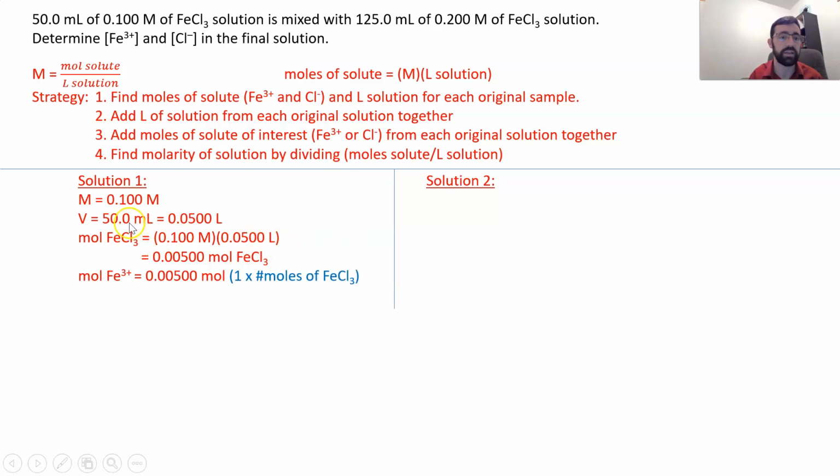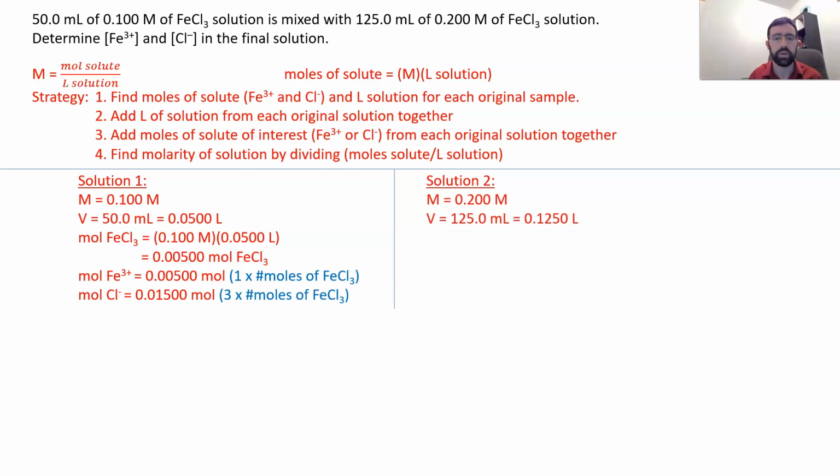If I wanted to find the moles of chloride ions next, I'm going to multiply this same number here, the moles of FeCl3, by 3 because of the subscript of 3. So that's what we did. 3 times 0.00500 gives you 0.01500 moles of Cl-, chloride ions.